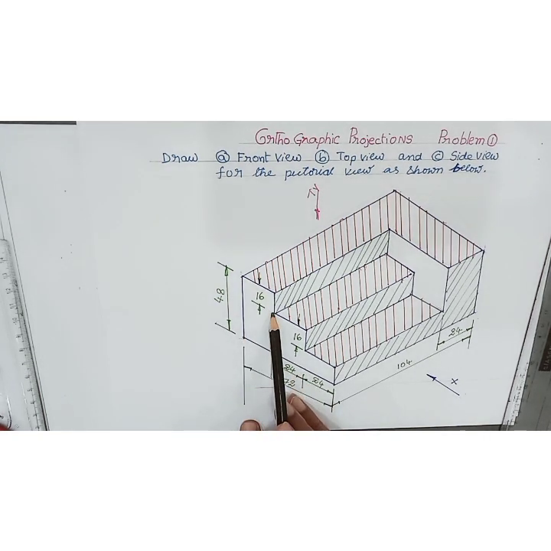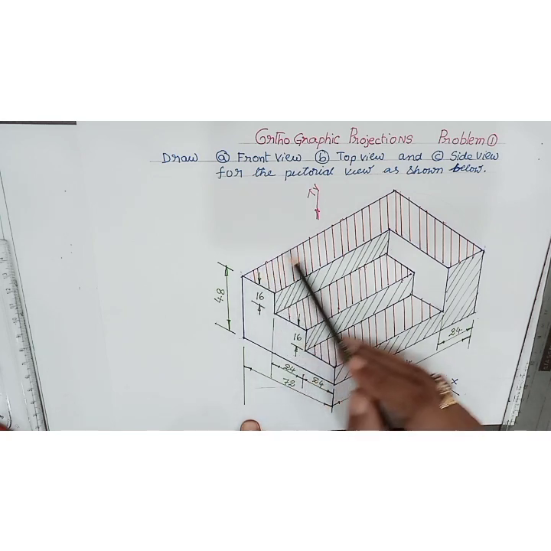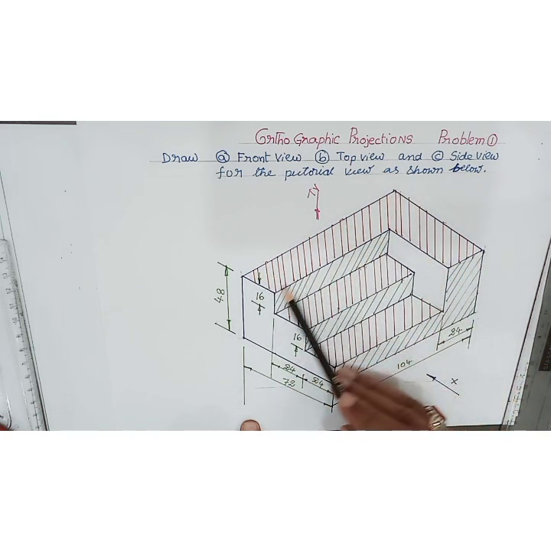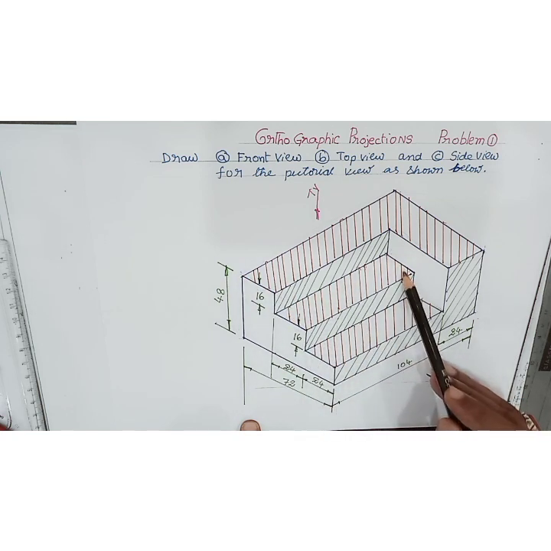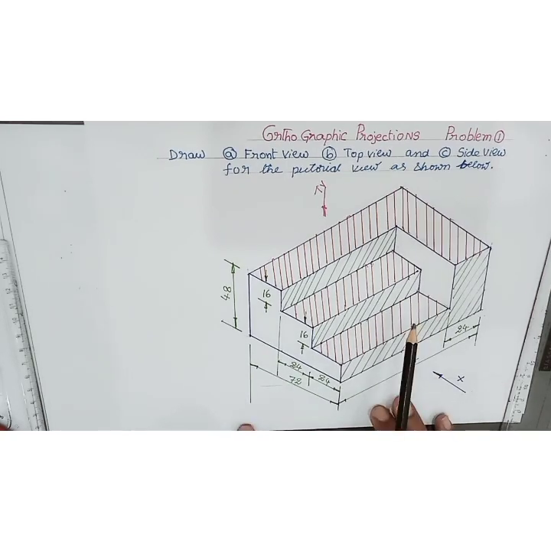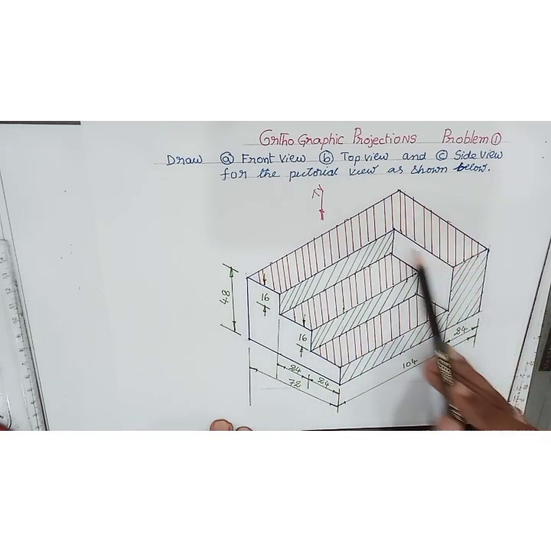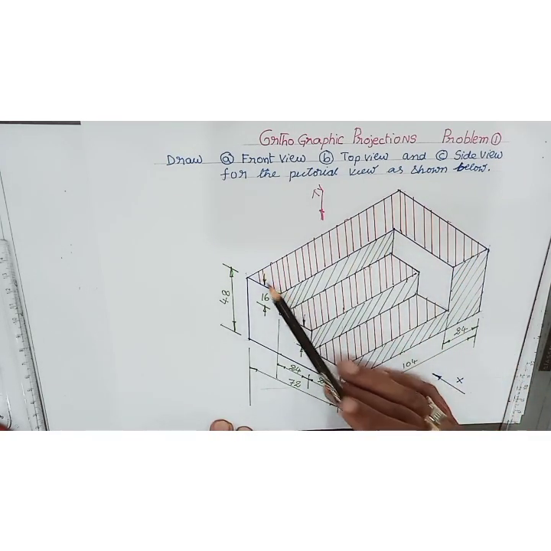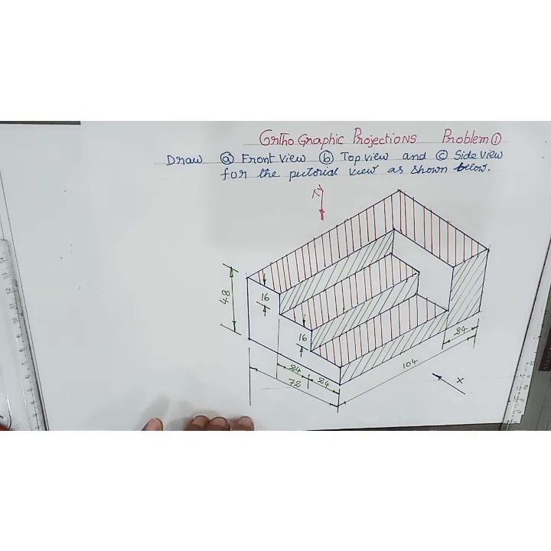Then in top view, this inverted L shape plus this hatched rectangle and this hatched rectangle, that is, this red color hatched region, is visible in the top view, and the top view is projected onto the horizontal plane.